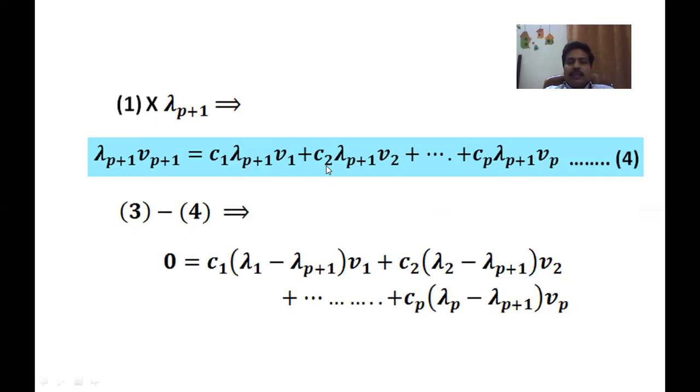In the second term there is lambda 2 v2 and lambda (p+1) v2. So after taking v2 as common, we get c1 times (lambda 1 minus lambda (p+1)) v1, plus c2 times (lambda 2 minus lambda (p+1)) v2, plus so on plus cp times (lambda p minus lambda (p+1)) vp equal to 0. So this is obtained from 3 minus 4.